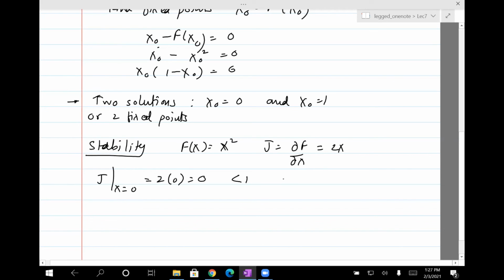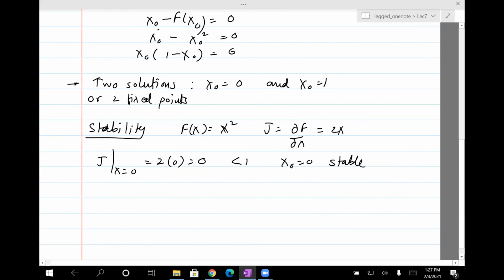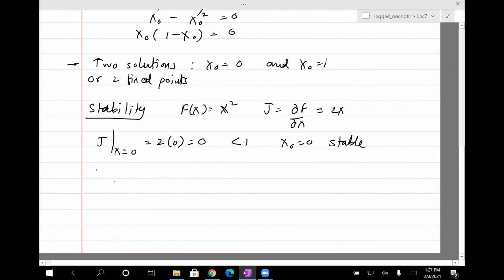This means that x0 equals 0 is the stable fixed point, because the eigenvalue, in this case the absolute value, is less than 1. We can also find the eigenvalue at x equals 1. We have 2 times 1, which is 2, greater than 1. So x0 equals 1 is unstable.